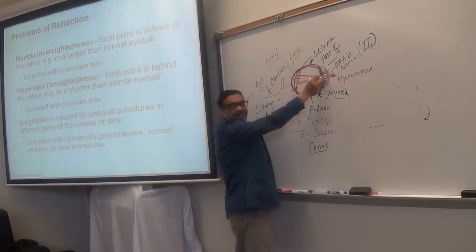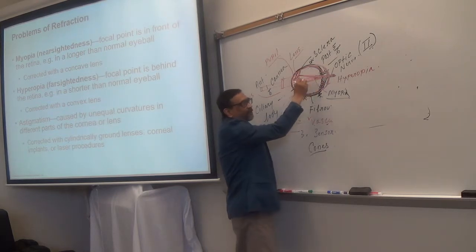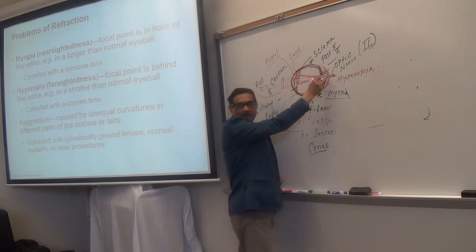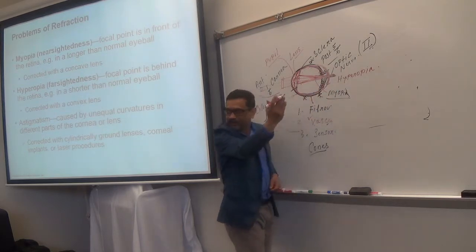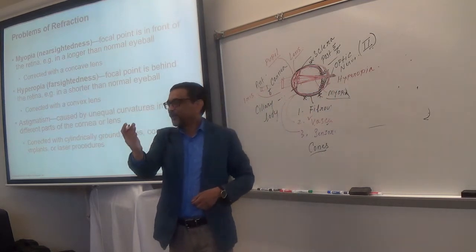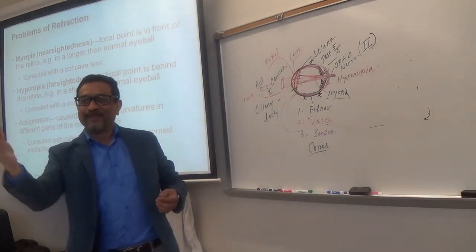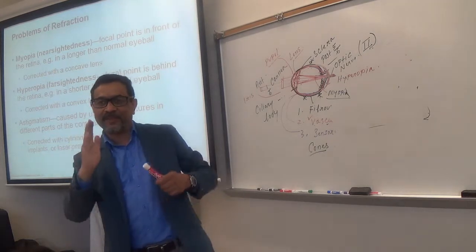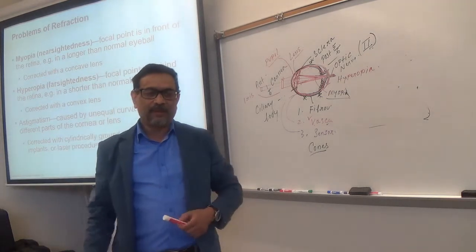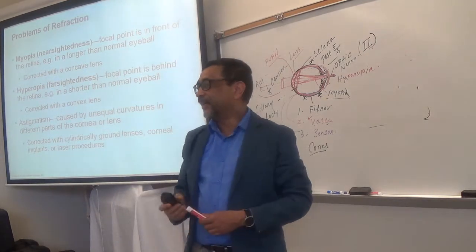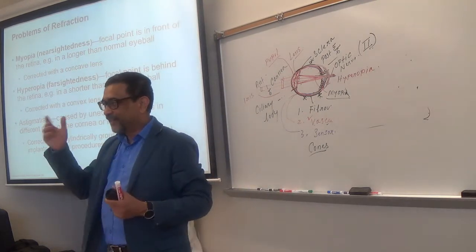Your lens will think that retina is here, right? And it will try to focus here. But actually your retina has moved backwards. Make sense? So that is myopia, because now the focus point is in front of the retina, because retina has moved backwards.